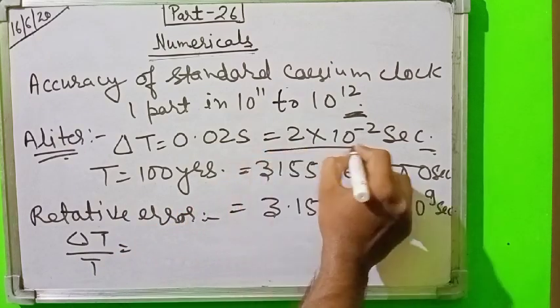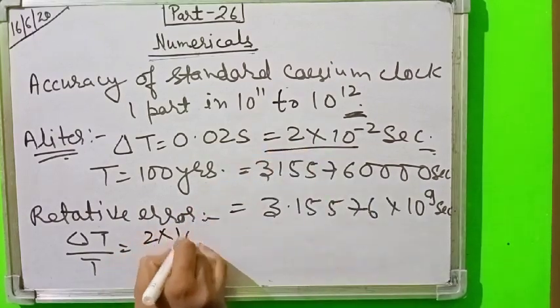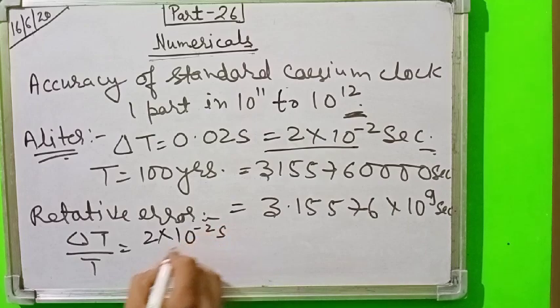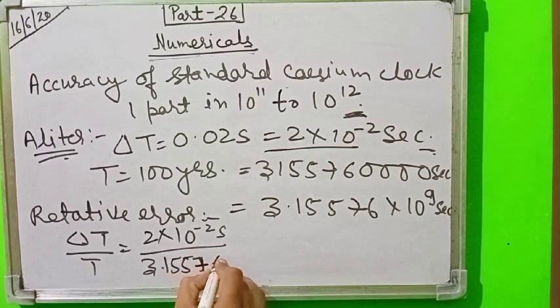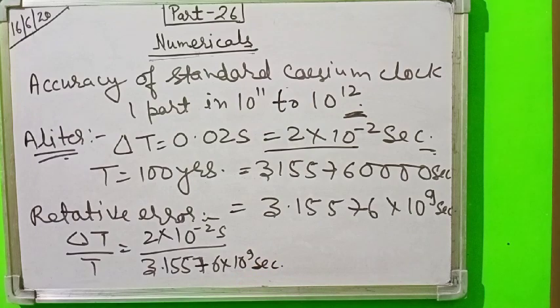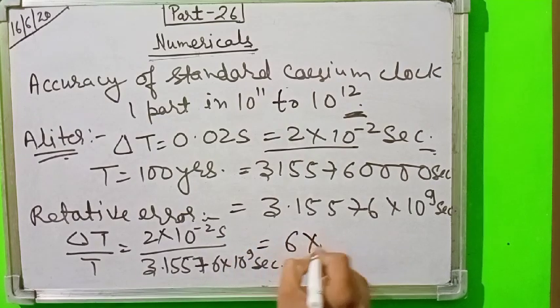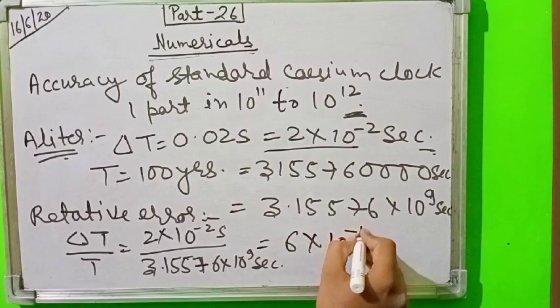So delta t is 2 into 10 to the power minus 2 second upon 3.15576 into 10 to the power 9 second, and it will give the result 6 into 10 to the power minus 12.